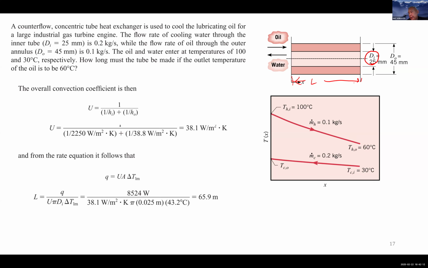This is the heat transfer surface. Rearrange this equation for L and so forth.